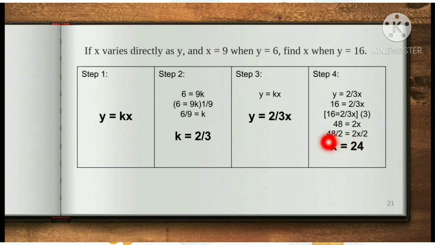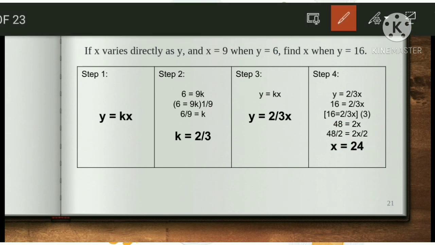Again, we can find x by multiplying both sides of the equation by 3. So 16 times 3 is equal to 48. And then 2/3 x times 3, we can cancel out the 3s, so the remaining term is 2x.